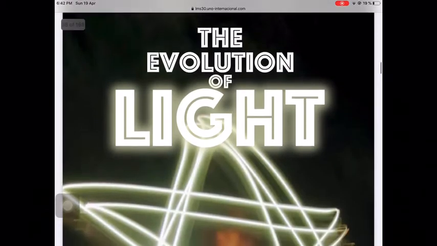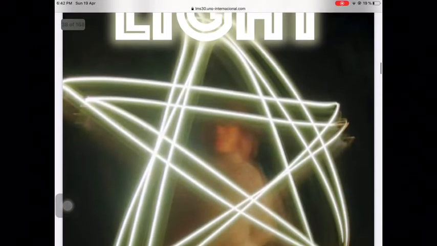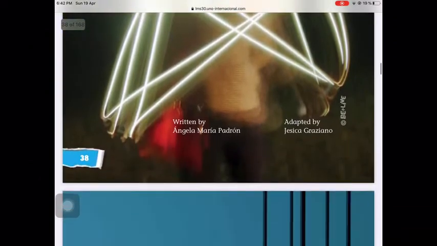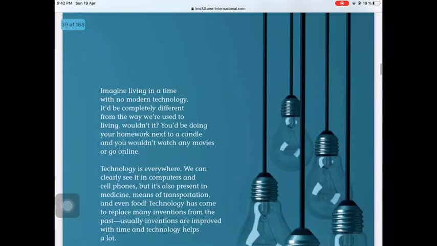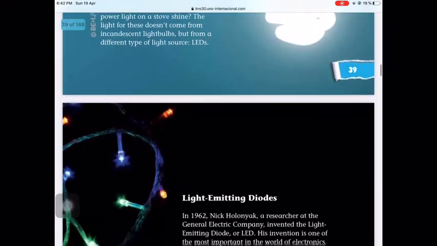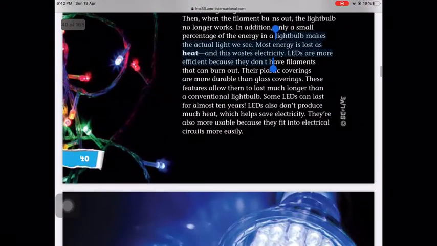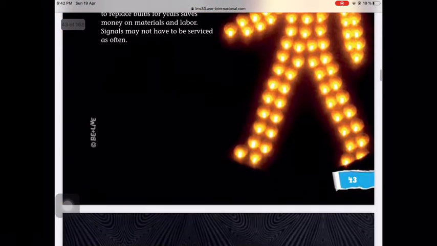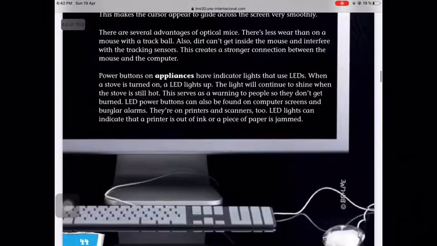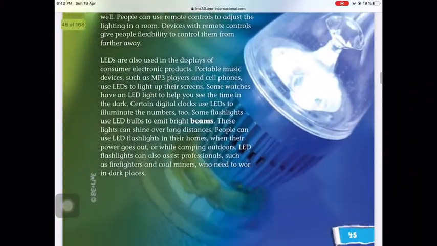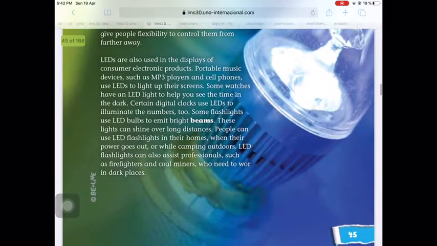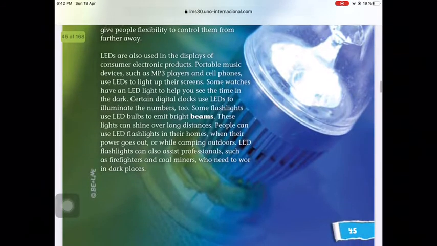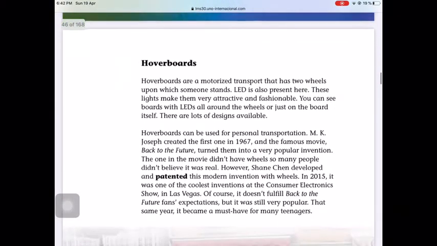This is the book, The Evolution of Light. Okay, this is the awesome reader and writer, page 38. Okay, it continues to page 39, page 40, page 41, page 42, page 43, page 44, page 45. Okay, all these pages, this is the book that it is talking about.